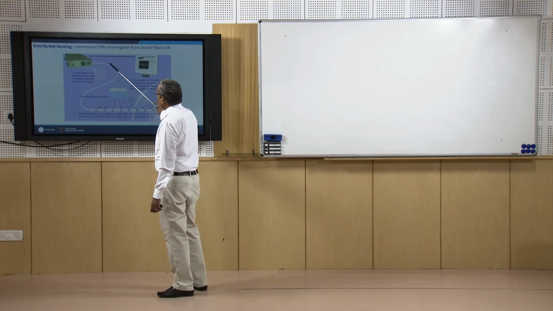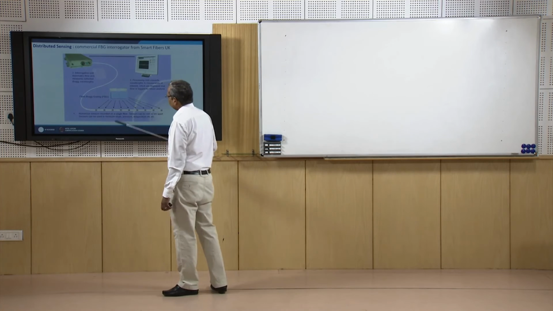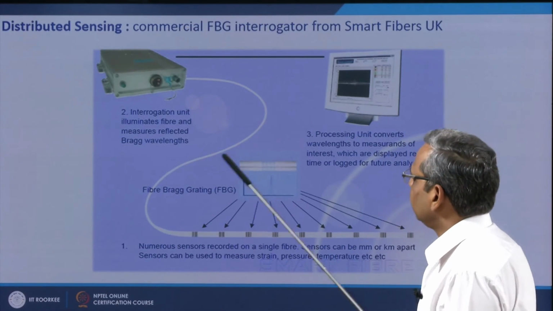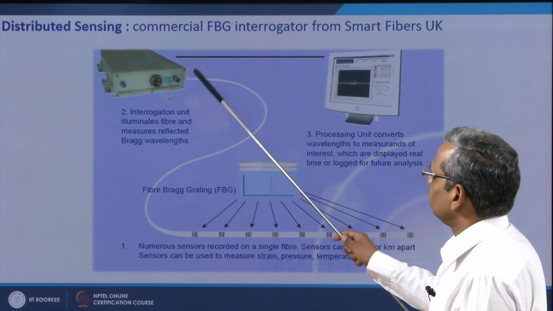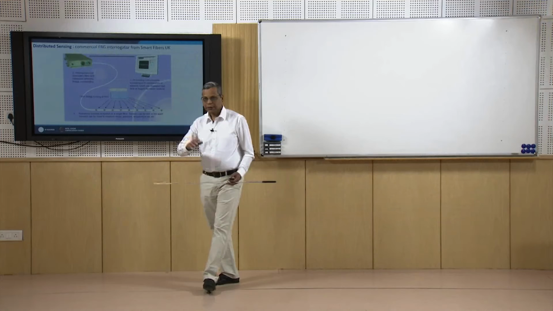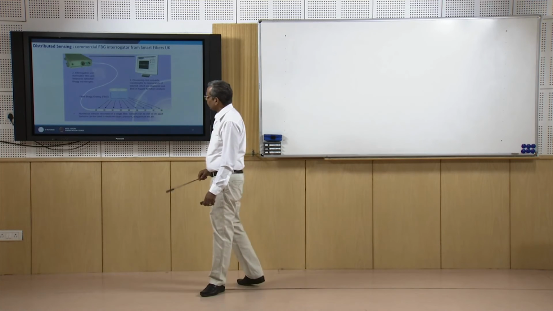So, when you launch light from the broadband source and then collect the reflected light coming from different gratings, the same device basically works as interrogator. You connect it to the computer and it will show you the Bragg wavelengths, okay, lambda B1, lambda B2, lambda B3 and so on. And you know that these lambda B1, lambda B2, lambda B3 correspond to what points on the flyover.